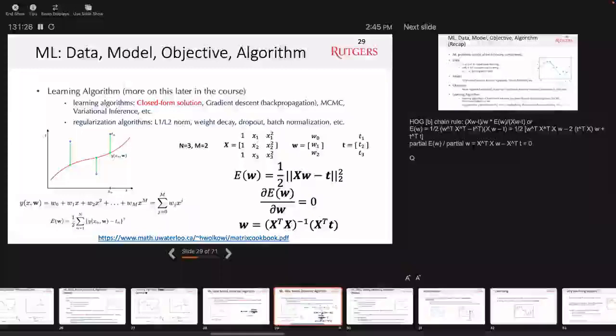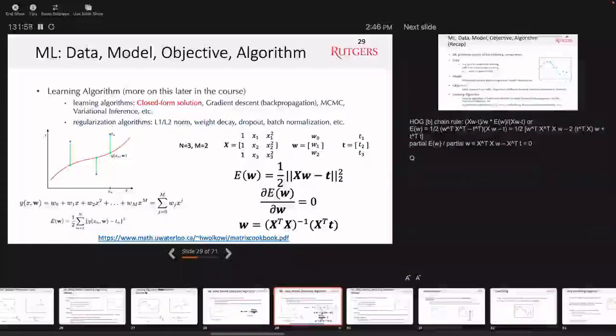And times this column vector V1, V2, V3. So this is V transpose, this is V, right? If you multiply them, that's going to be exactly this, right? So the square of the L2 norm is actually equal to V transpose times V, okay? I hope you are convinced.